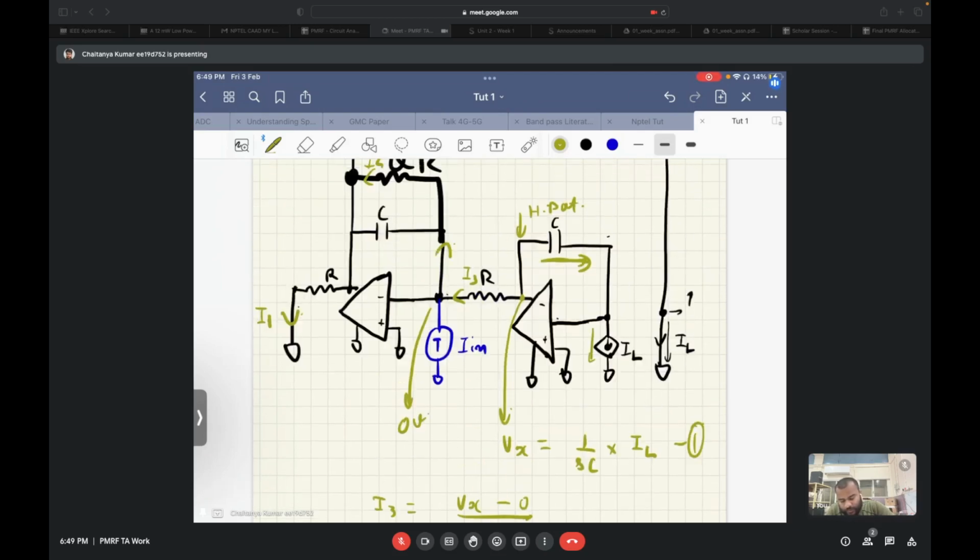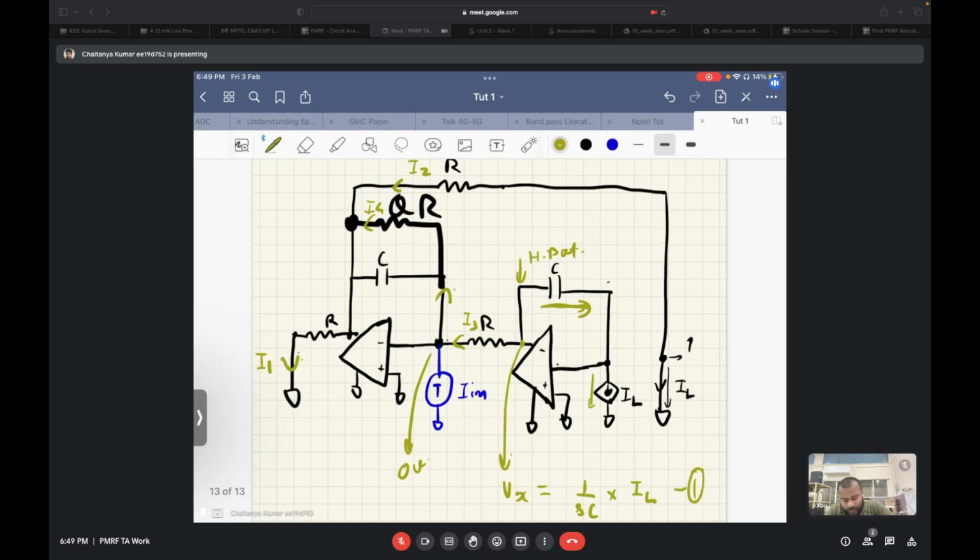Now the current flowing in this parallel combination of QR and C will be I3 plus I in.